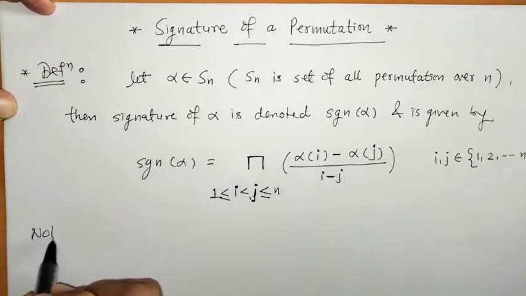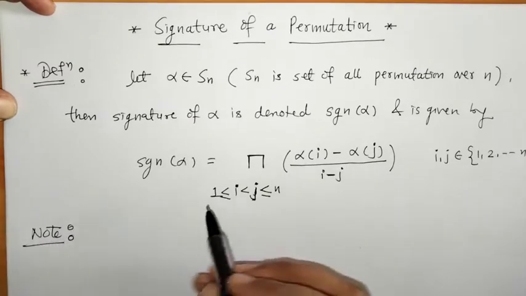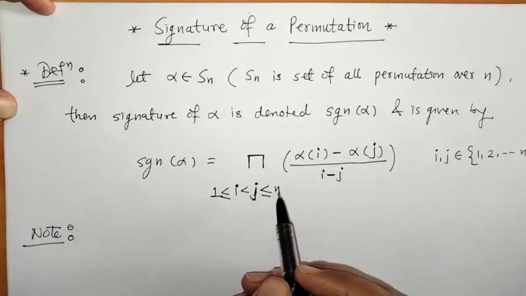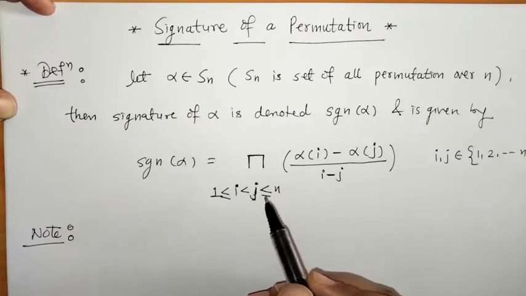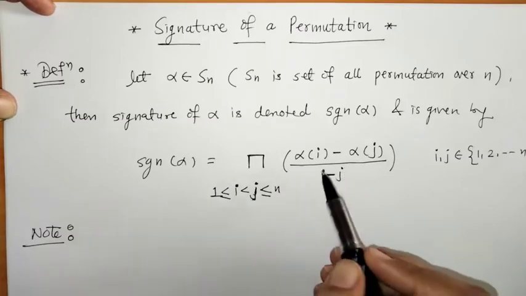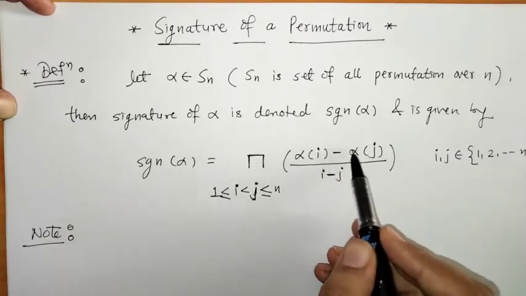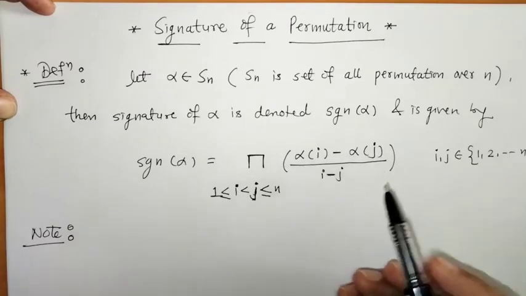Now we have to note down that this formula we have to use only when any permutation is expressed in two-row form, so that we can find alpha of i and alpha of j easily.